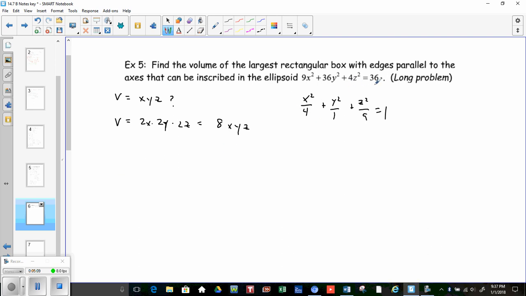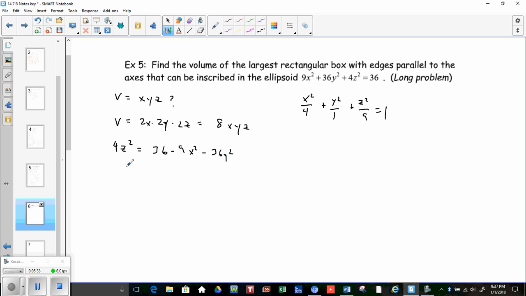So okay, let's go ahead and solve this for z. That shouldn't be too difficult. We're going to subtract 9x squared and 36y squared from the right. So we get 4z squared equals 36 minus 9x squared minus 36y squared.